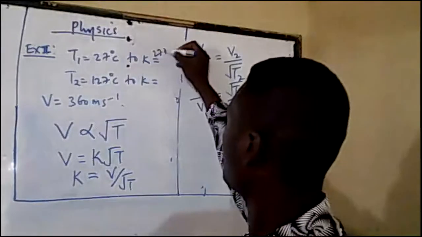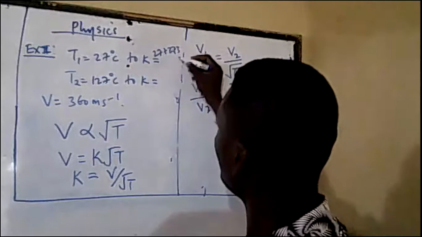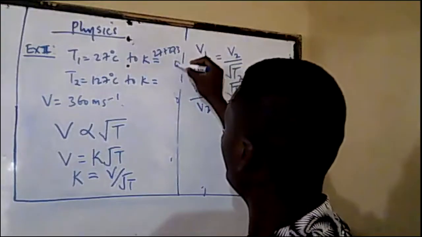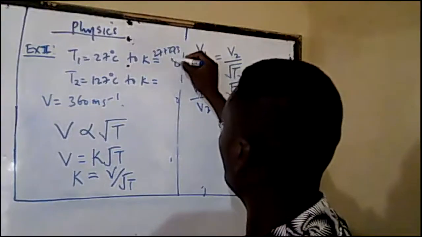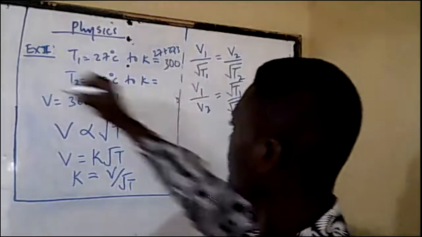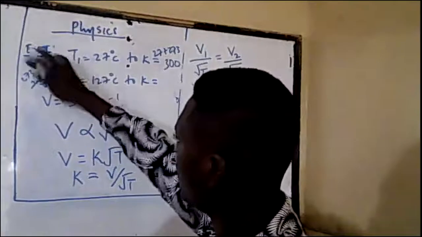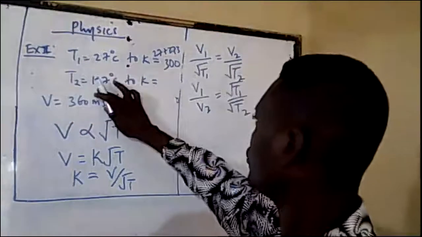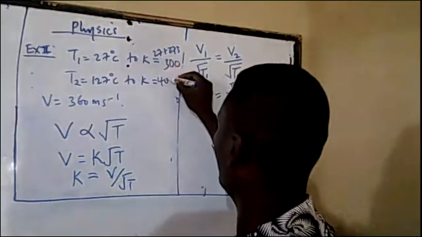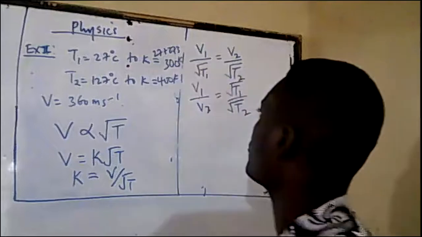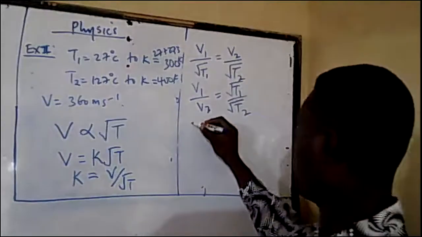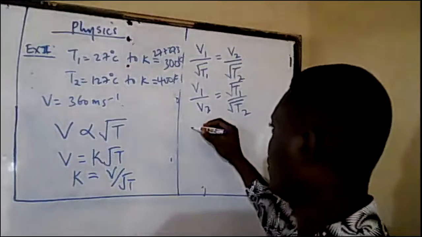If you are converting to Kelvin, you add 273. So 27 plus 273, that should give us 300. Then this one should give us 400 Kelvin. So V1 has been given to us as what?